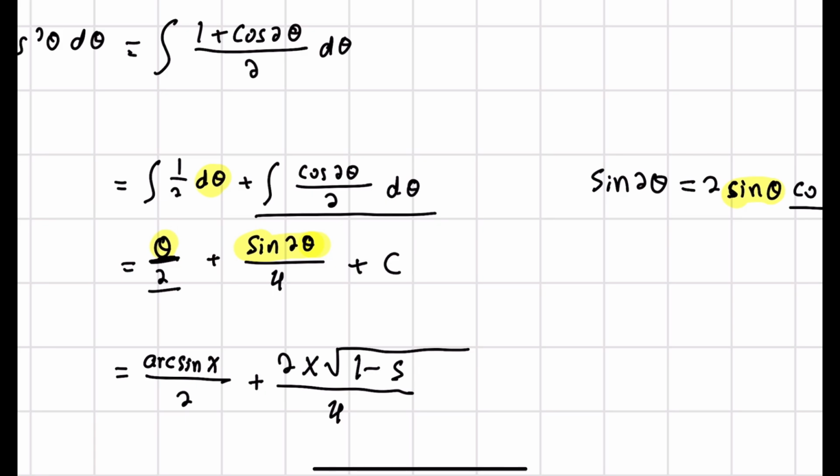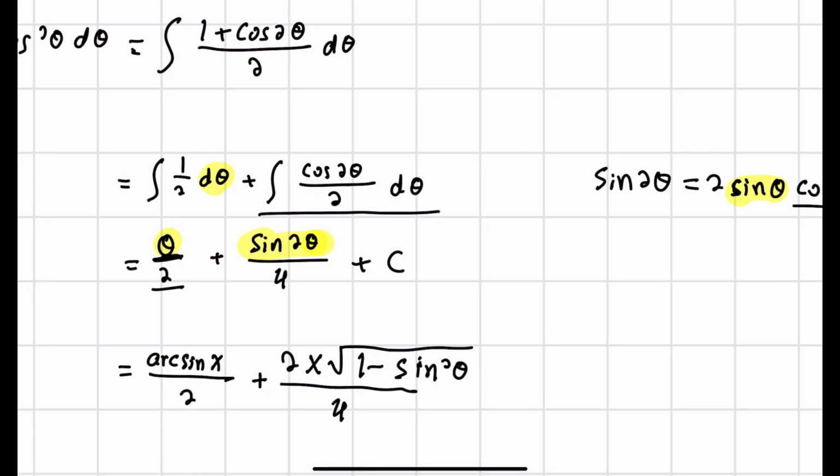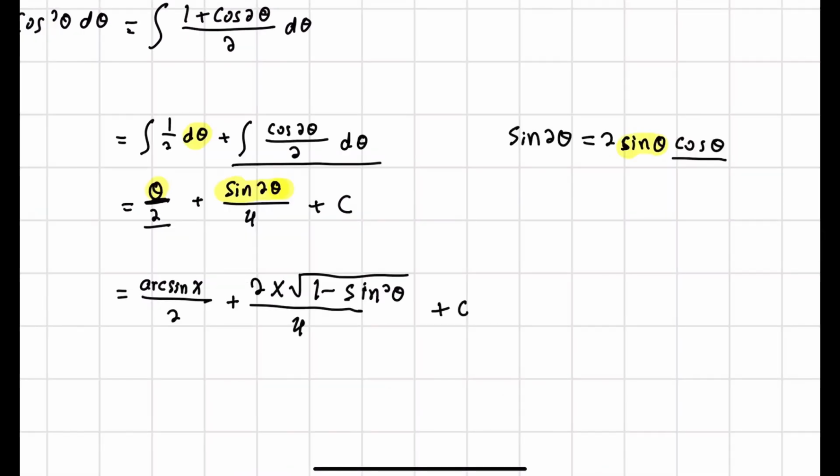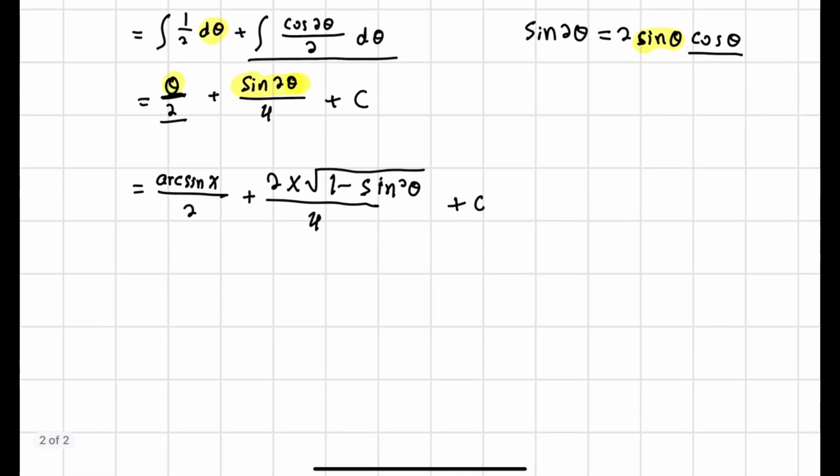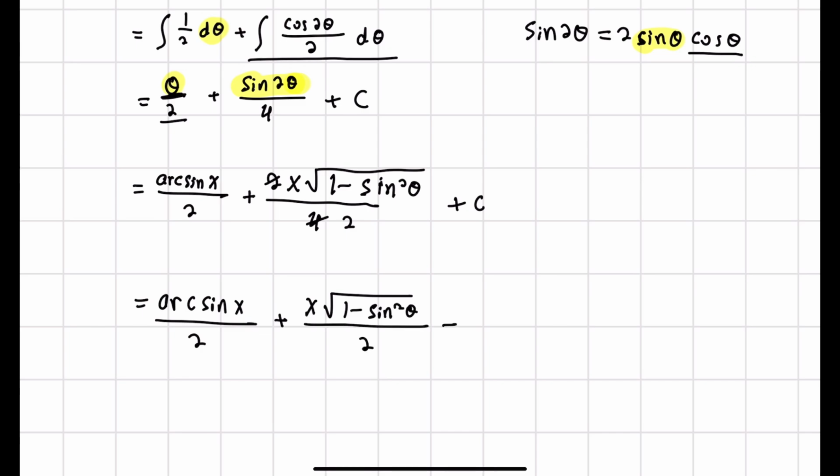Sine theta squared. And don't forget the plus c constant. This could be further simplified to arc sine x over 2 plus, and the 2 and 4 cancel out to over 2, so x times root 1 minus sine theta squared over 2 plus c. And here is our final answer for our question.